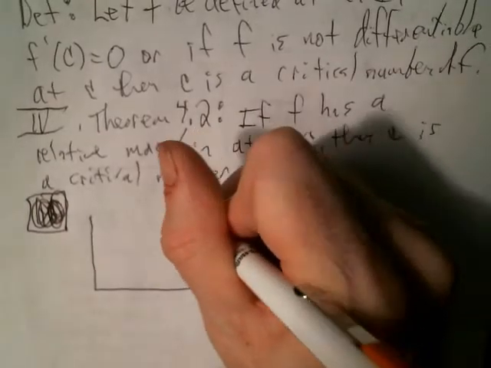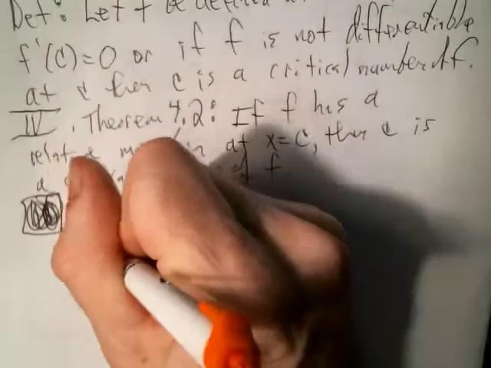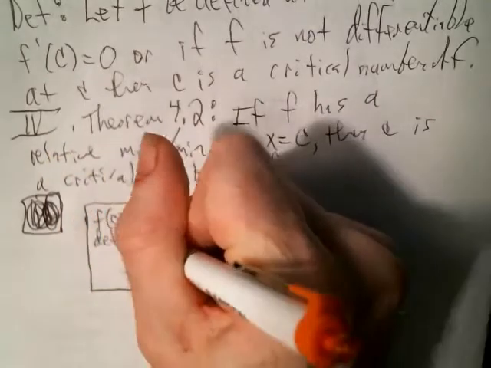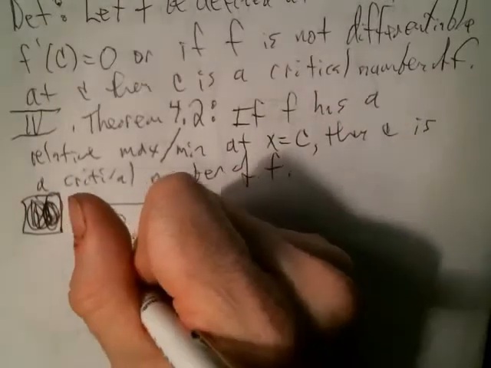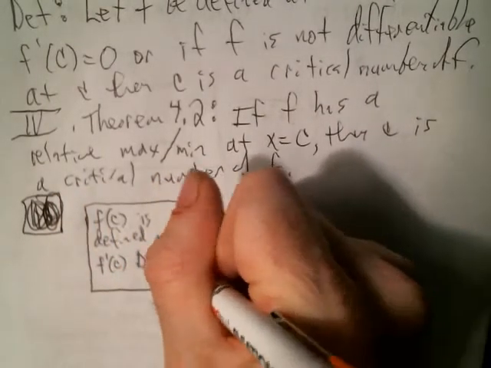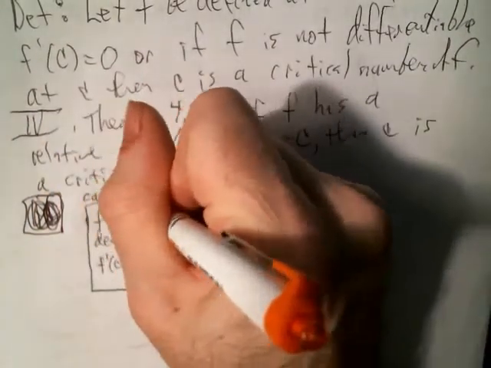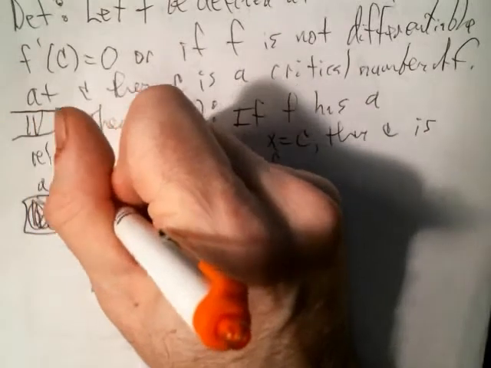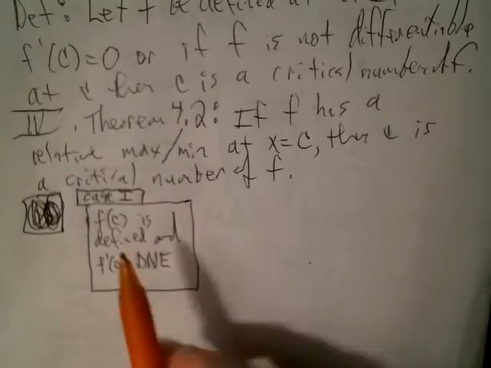So the first possibility is that f of c is defined, and f prime of c does not exist. Okay, so there's this case one. Oh wait, that's the criteria for the critical number.